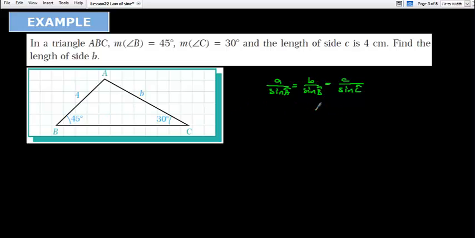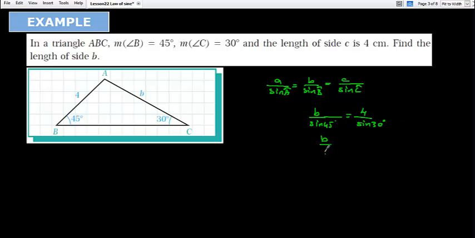B is the unknown length, and sine B is sine 45, and c is equal to 4, and the sine of C is sine 30.